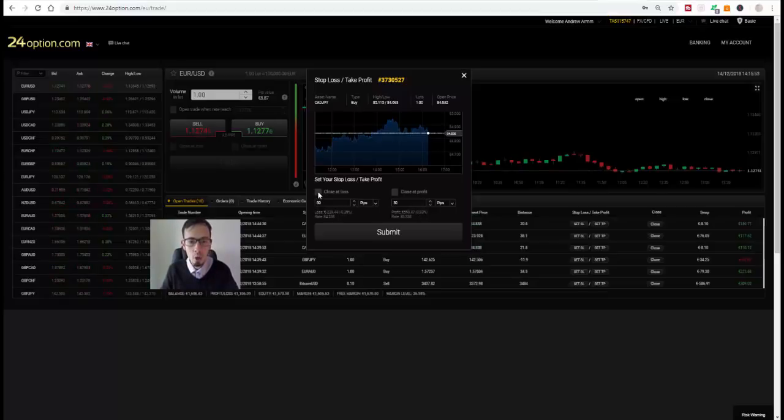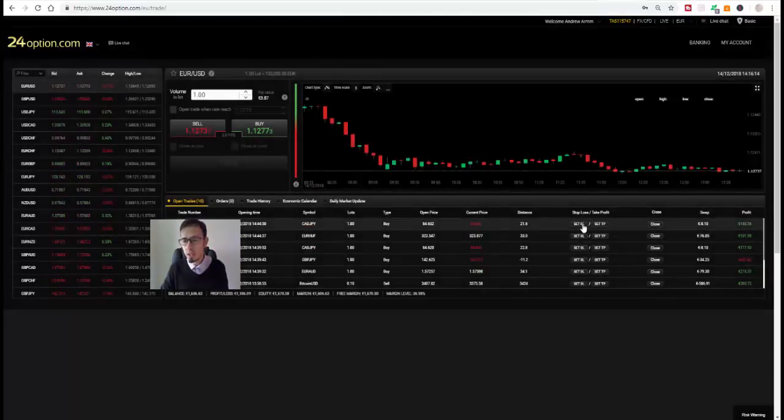So close at loss, the price, the rate. So here you specify at what price rate you want this trade to close in case this trade goes in the wrong direction after you placed the trade.